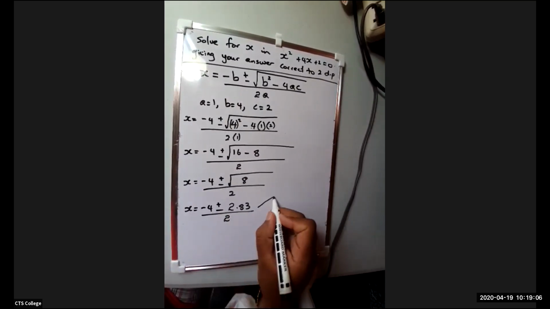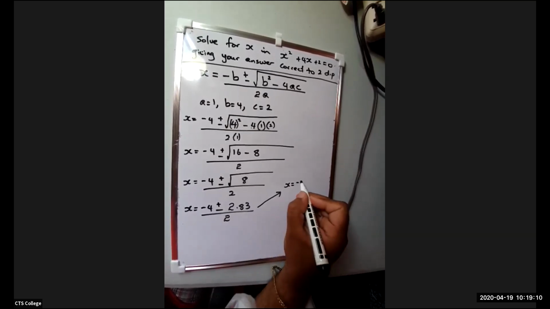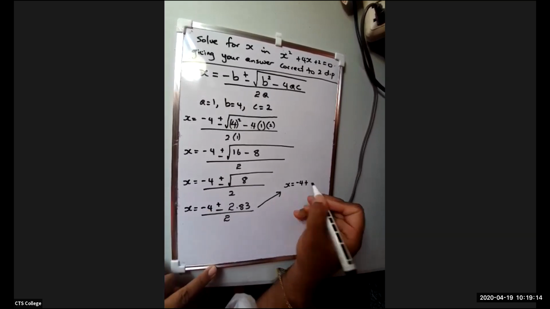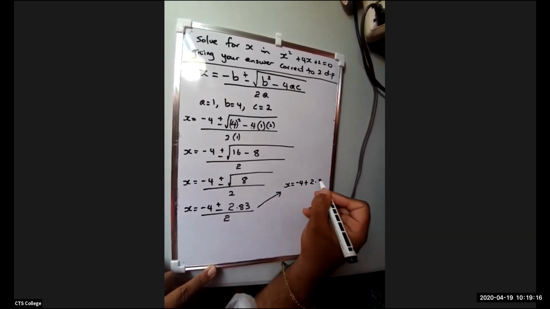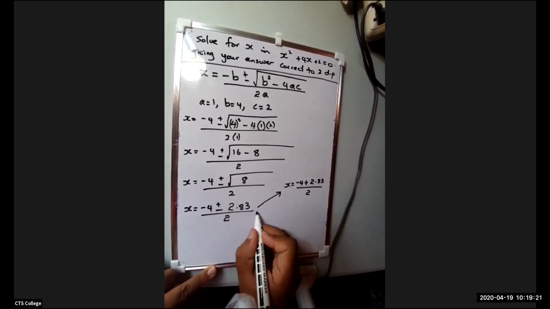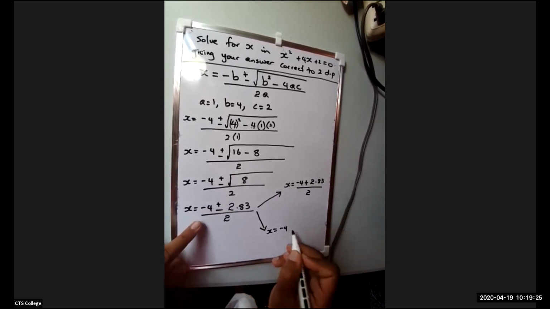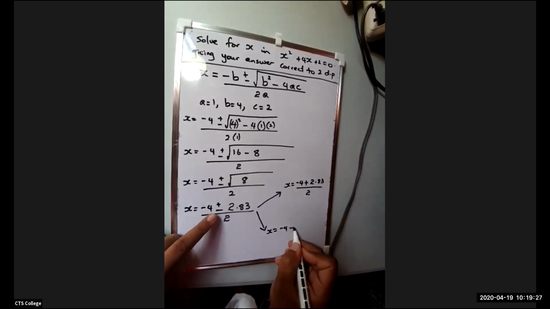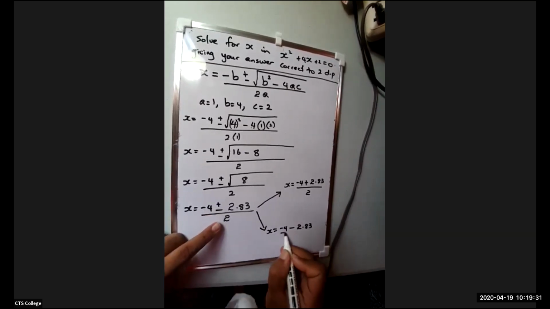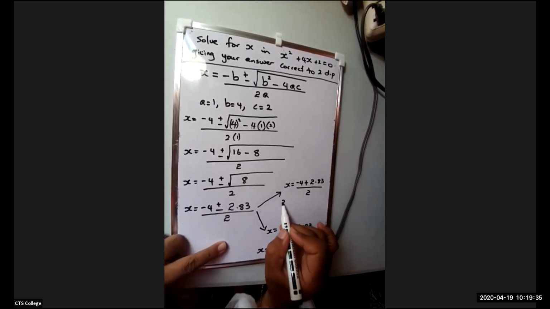So now we will get x is equal to minus 4, we will use the plus sign, so plus 2.83 all over 2. And the other one, x is equal to minus 4, now we will use the minus sign, so minus 2.83 all over 2. And this will give us two values for x.